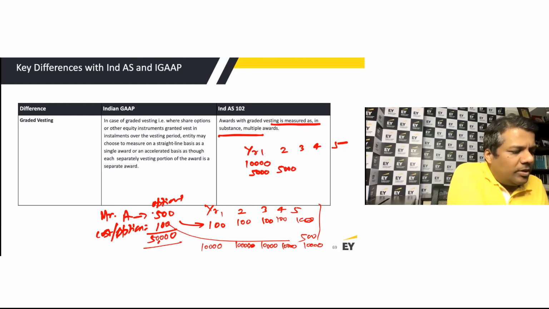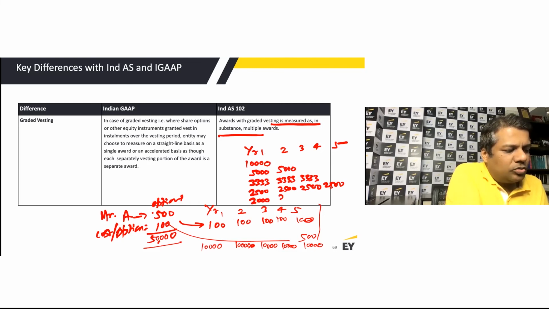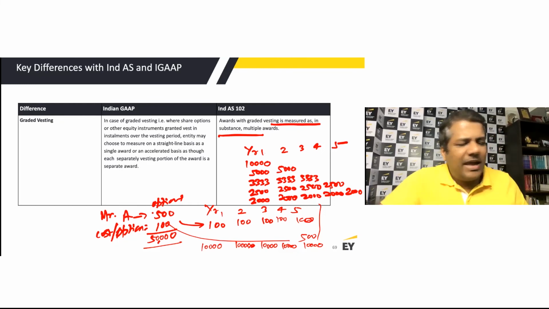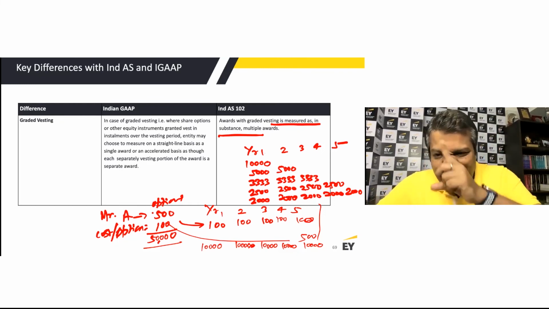For year 3, you will record 3,333, 3,333, 3,333. For year 4, you will record 2,500, 2,500, 2,500, 2,500. And for year 5, you will record 2,000, 2,000, 2,000, 2,000, 2,000. This means every vesting is treated as an independent award.